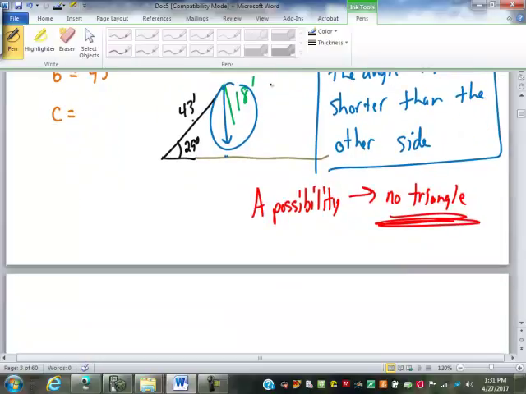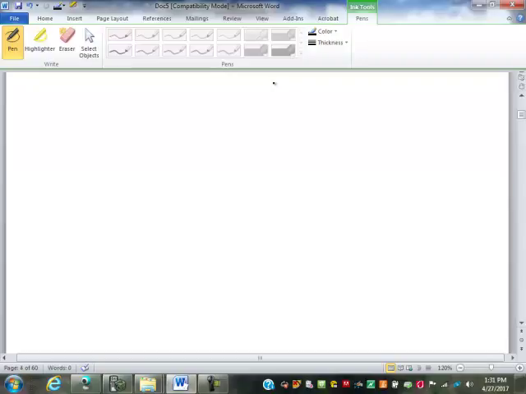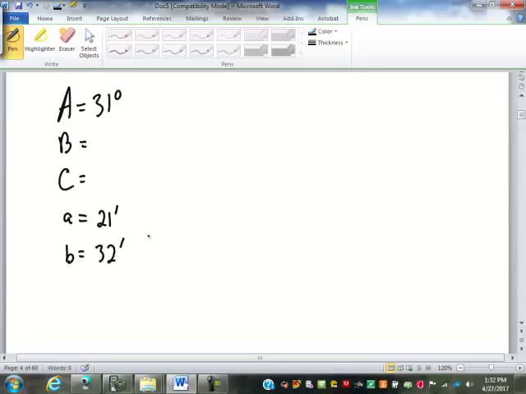So we're still dealing with being given two sides and an angle. I'm not going to rewrite it because there's a few possibilities that come out of this. Let's say I'm given the information. Angle A equals 31 degrees. Don't know angles B and C. Side A equals 21 feet. Side B equals 32 feet.